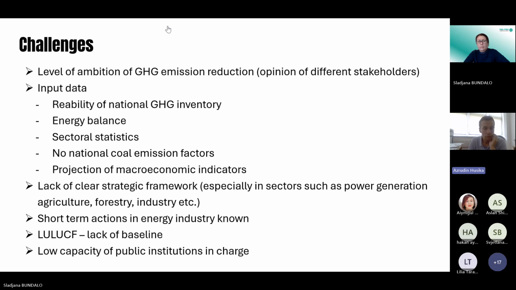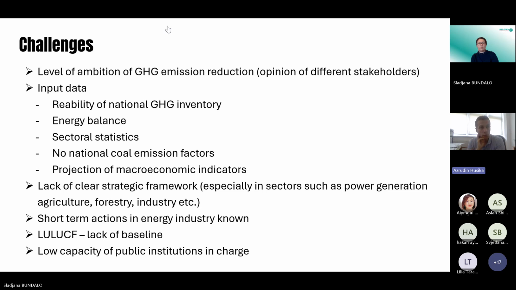Speaking about historical data for LULUCF, we have a lack of baseline. Now we are improving that within the development of BTR1, and in general we have to increase the capacities of public institutions in charge of climate change issues on different levels in order to apply the LEAP model.